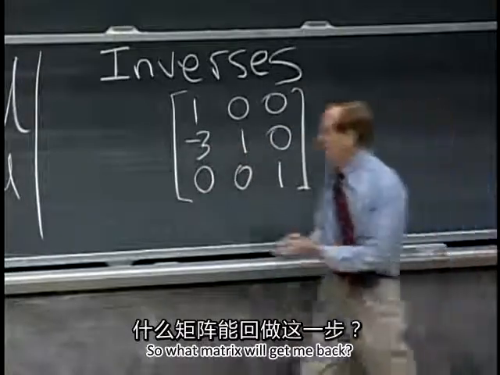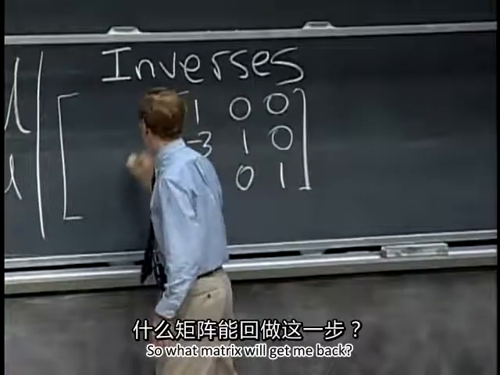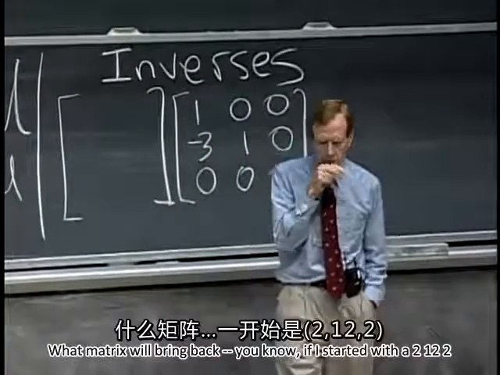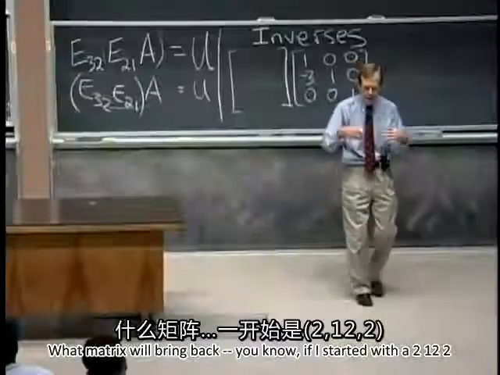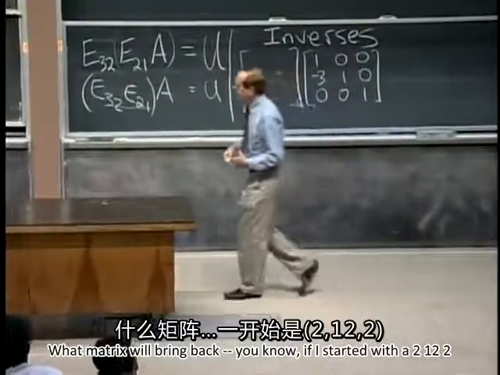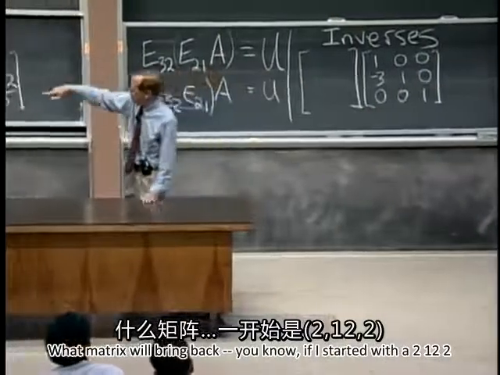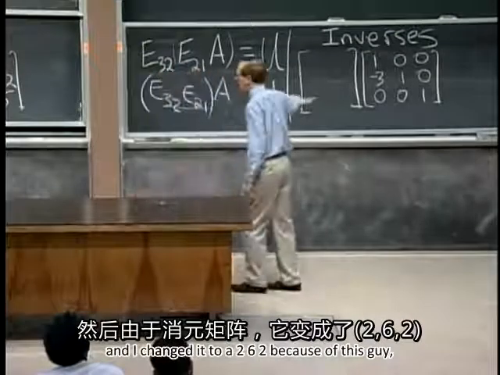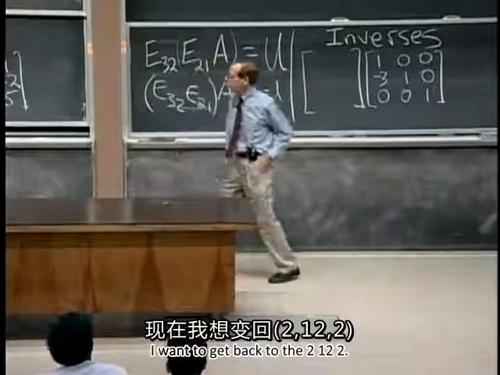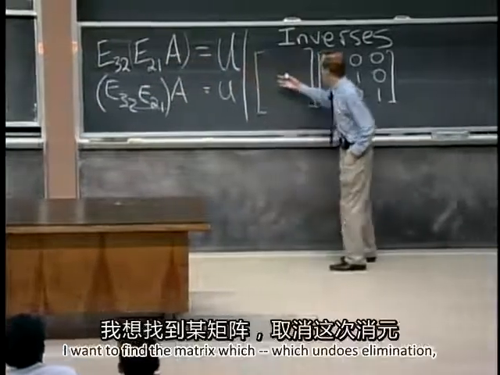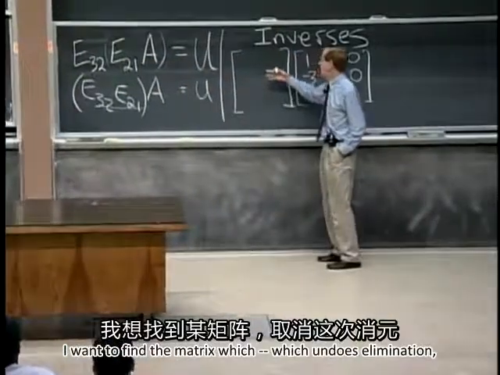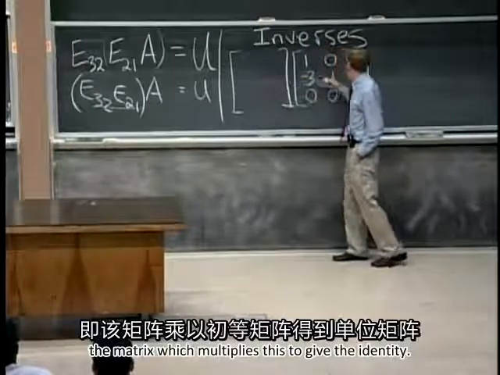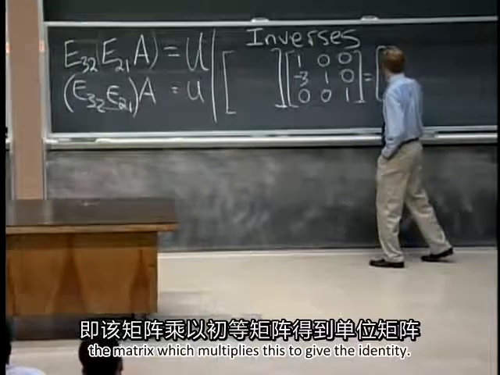So what matrix will get me back? What matrix will bring back, if I started with a 2, 12, 2 and it changed it to a 2, 6, 2 because of this guy, I want to get back to the 2, 12, 2. I want to find the matrix which undoes elimination, the matrix which multiplies this to give the identity.